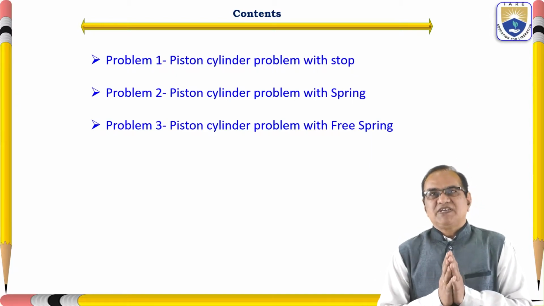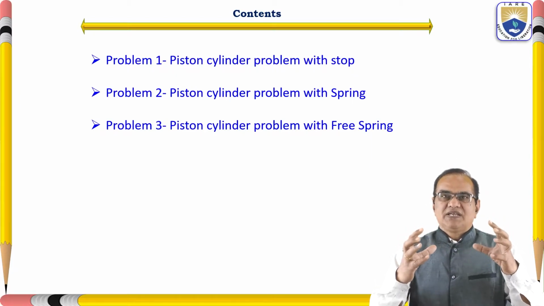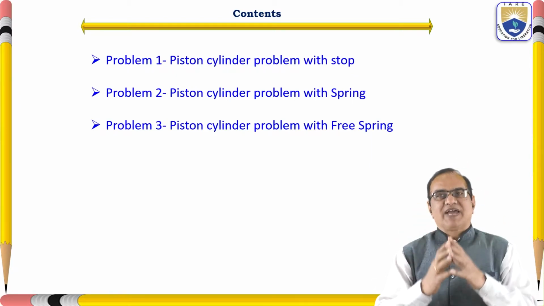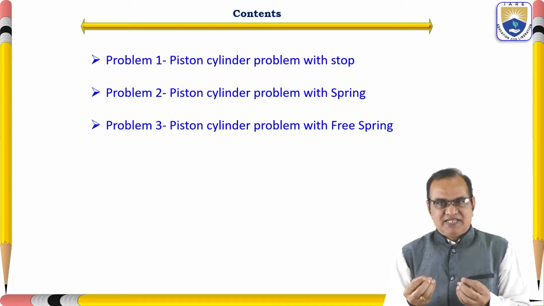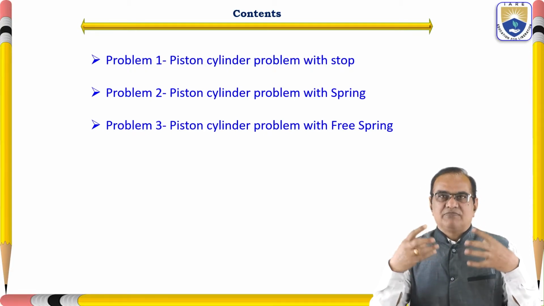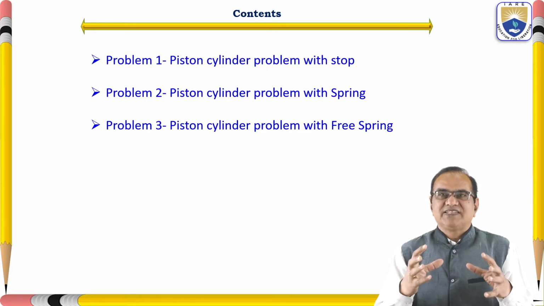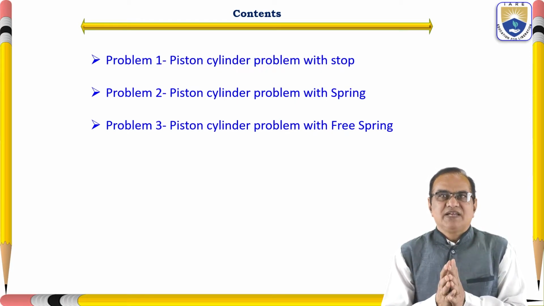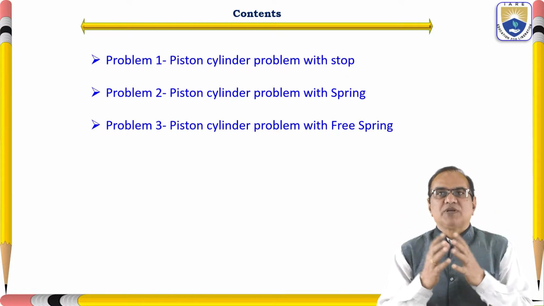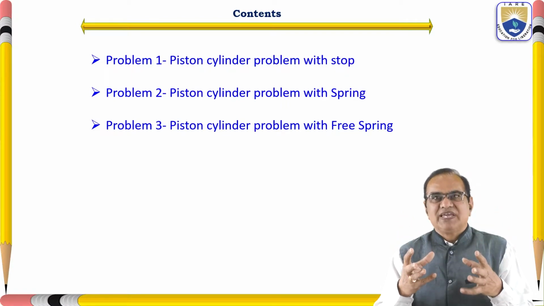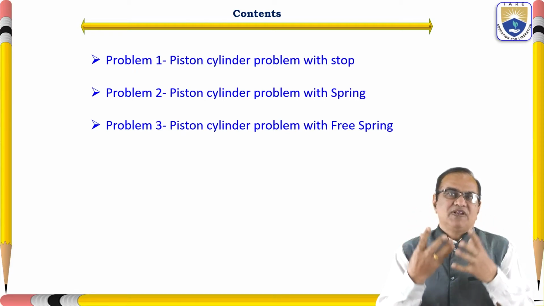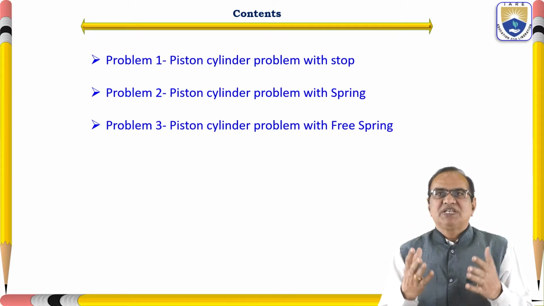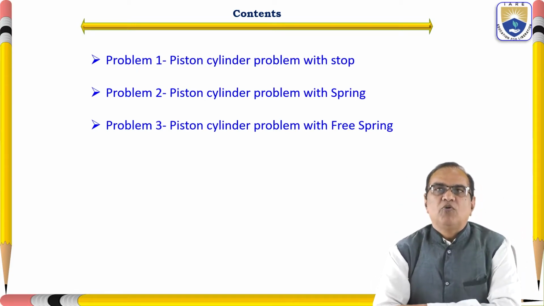So what happens if a piston is filled with some gas and the temperature is increased by adding heat, or the temperature is decreased inside the cylinder? What will happen to the piston? If you give heat, the energy will increase inside the cylinder and the piston will try to move up.